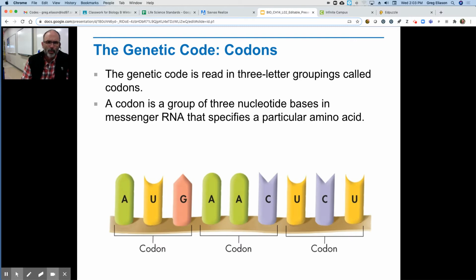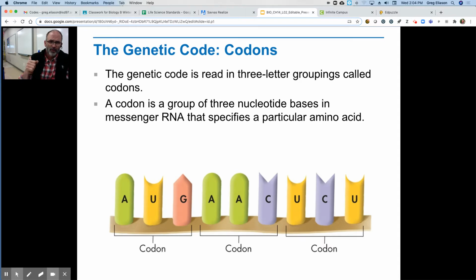The genetic code. So what we're looking at here is a section of RNA. We know it's RNA because it has uracil in it and it's single strand. What we're ultimately coding for is a protein, and proteins are made up of amino acids.